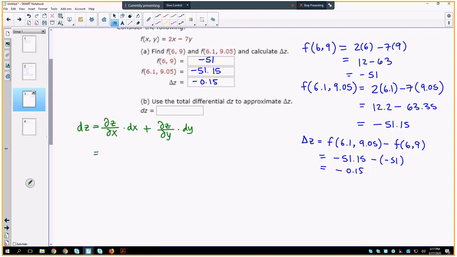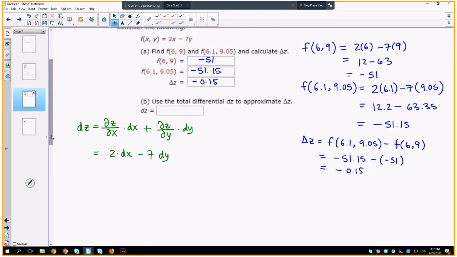So del z del x in this case is 2, 2 times the change in x. Del z del y is 7, so minus 7 times the change in y.